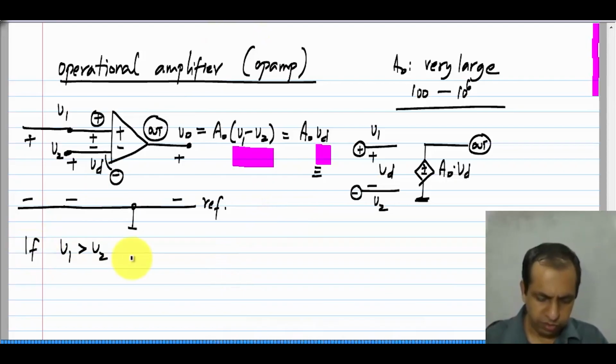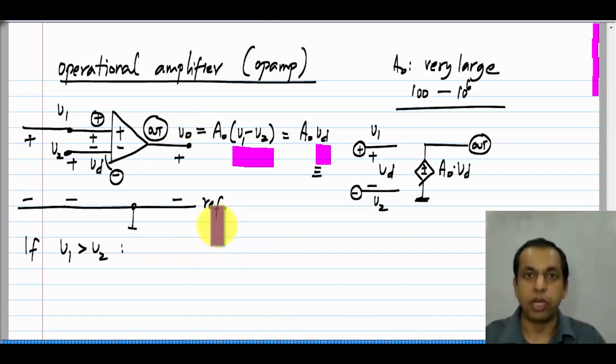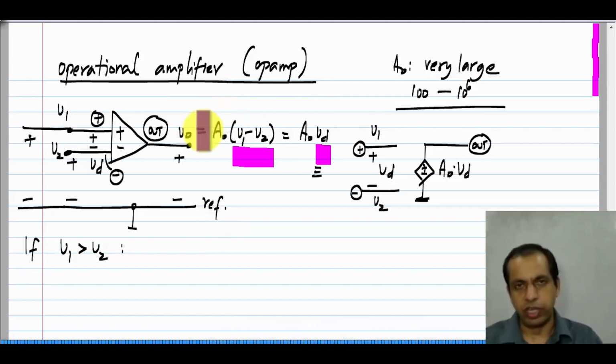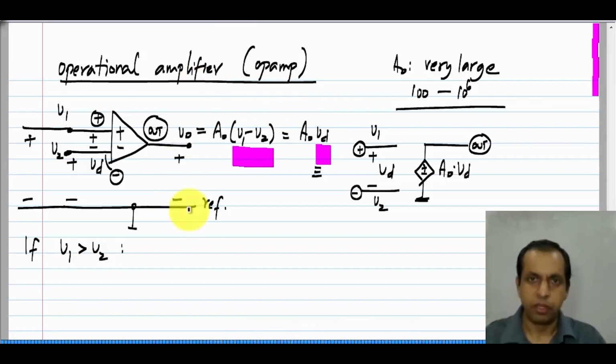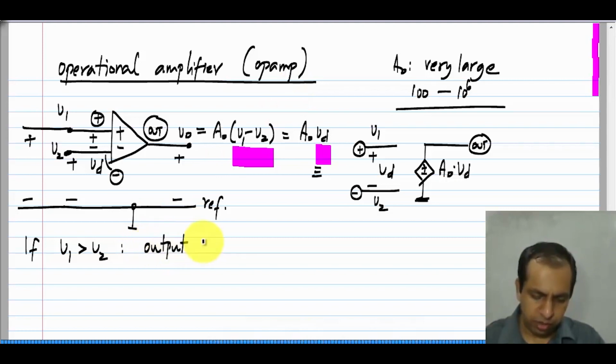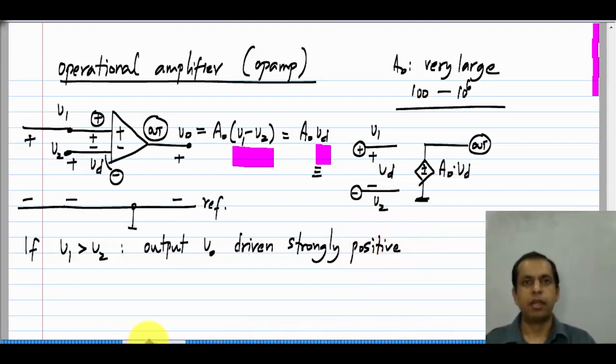So, if V1 is more than V2, it means that the output V0 is driven strongly positively, because A0 is very large. For a small positive difference V1 minus V2, you will have a very large positive output. So, I will describe it as the output V0 driven strongly positive.